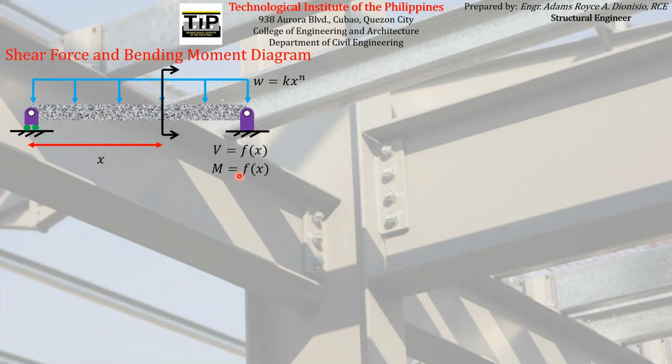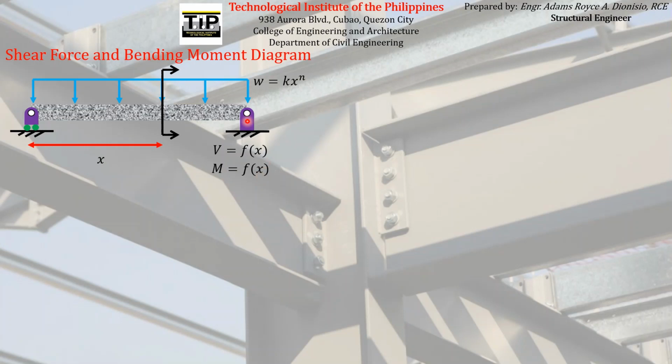We can use another method, the singularity equation, but to derive a very simple technique for drawing the shear and bending moment diagrams, we will just study the relationship between the load applied to the beam and the shear diagram and the bending moment diagram.